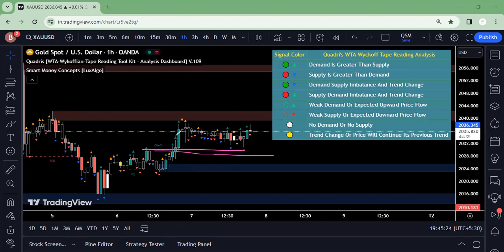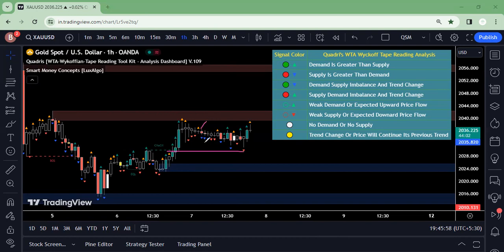As soon as we are coming down, there is no greater supply commitment, like supply greater than demand. Only at this particular point can I see one bar, one candle, because we are using it on candlesticks.